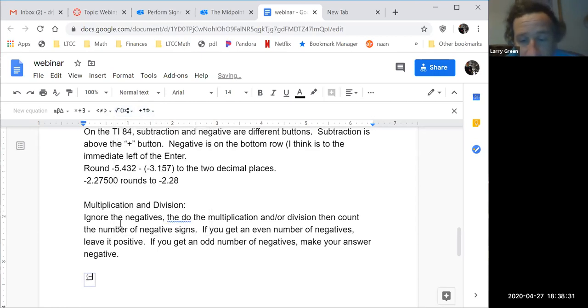And let's suppose we have negative 4 times negative 1 times negative 2, divided by negative 5 times 6. Let's not make it 6. How about times 8? That's a better one. And I know it's small, so I'm going to make it bigger.